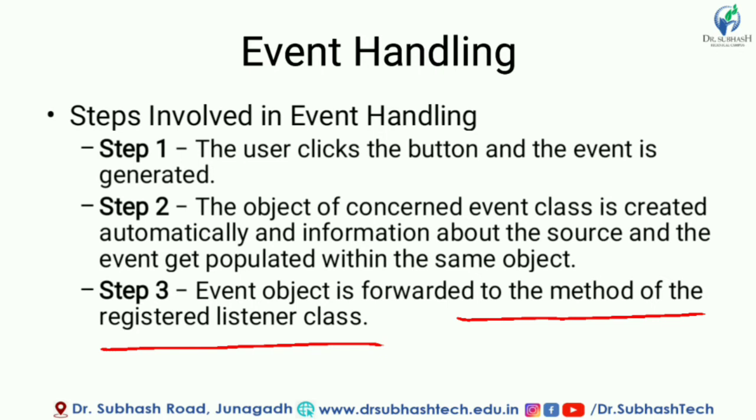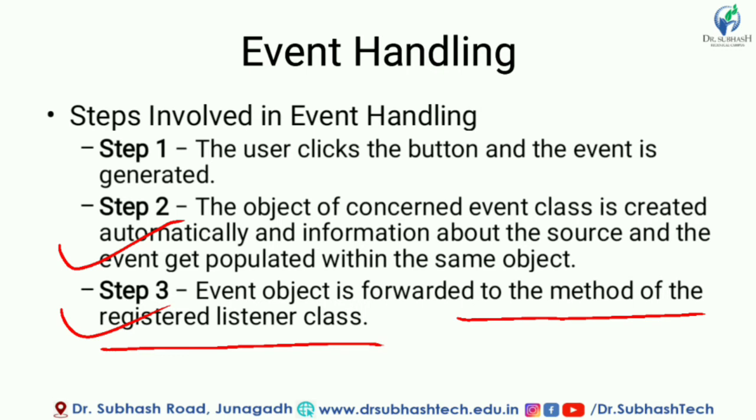If we take the example of a button, the ActionEvent object will be created and passed to the ActionListener. ActionListener is one of the listeners available for event handling. In this ActionListener interface, a method is available which is actionPerformed, and the object is passed to that method.